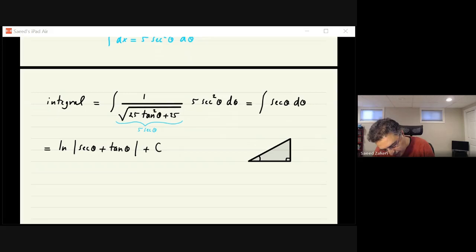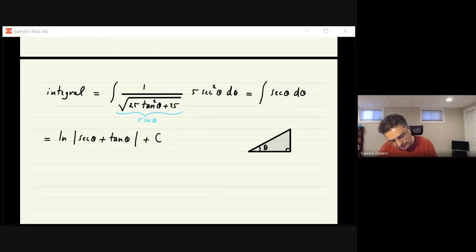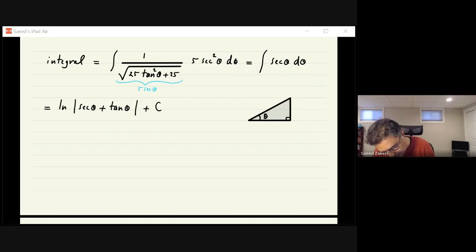Draw a little test triangle, call an angle theta, and now what you know is tangent of theta is x over 5, right? And you would like to know secant of theta. What is secant of theta?